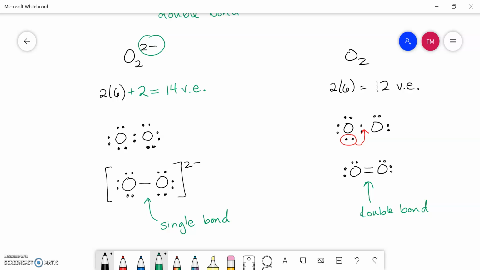So oxygen, O2, is a good oxidizing agent, but peroxide ion is an even better oxidizing agent. Why? Well, it's harder to break the double bond in the O2 molecule than to break a single bond in the peroxide ion. So peroxide is a very good oxidizing agent. It's able to react well with other things because it has a bond that's very easy to break.